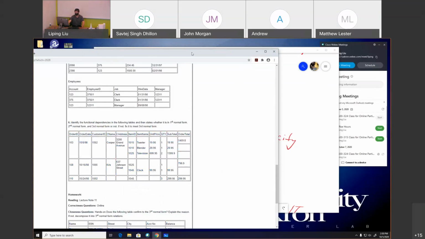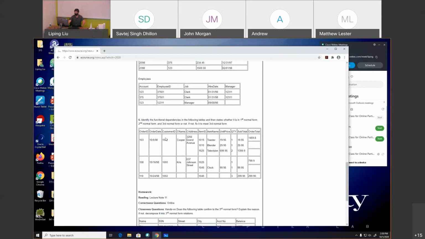Question number 6, if you look at it here, is about orders, and each order has an order date, and each order has a customer, right? Customer name, of course, and also customer address. And then the order has multiple items. So now there is a multi-valued attribute, and each item has a name, a unique price, a quantity, and a subtotal.